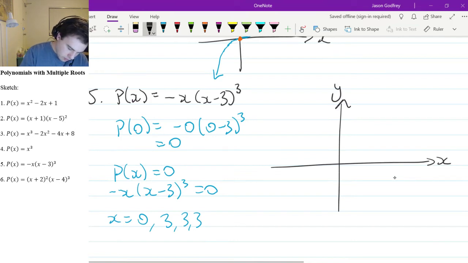Okay, so one of our x-intercepts is at 0, and also our y-intercept is 0, so it's going to cut through there at the origin, and then our other point is 3.